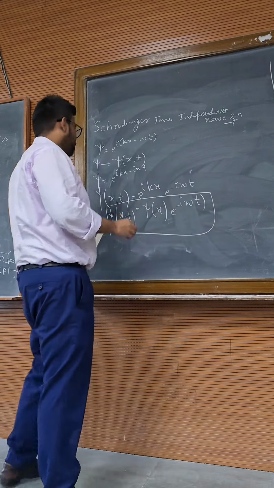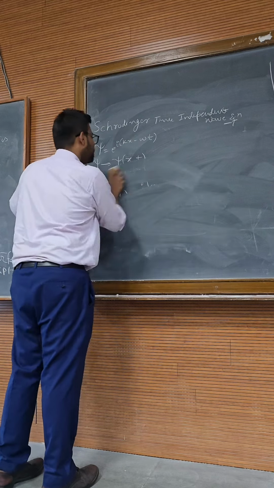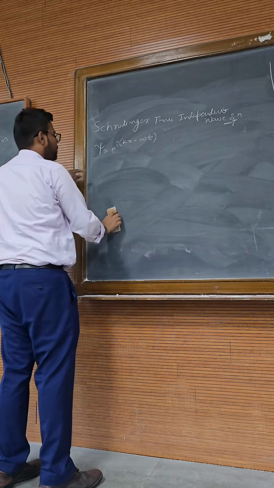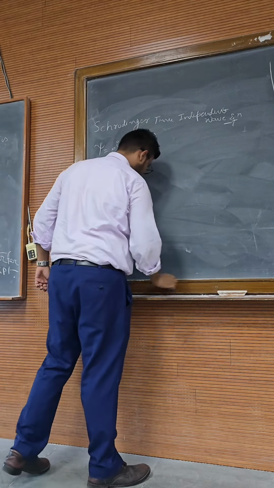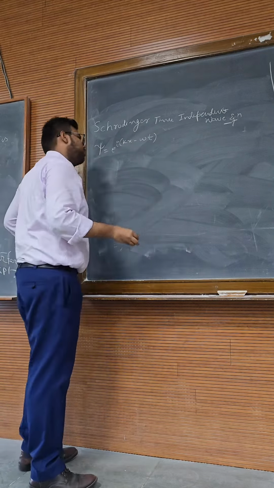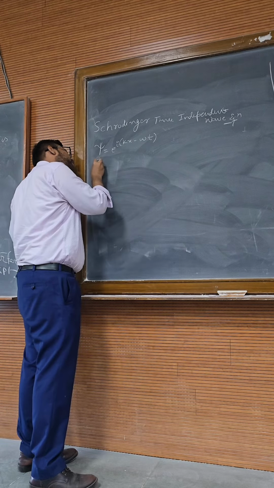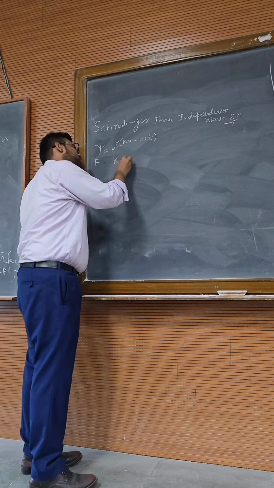So now let's come directly to the derivation part. Note that psi is psi of x comma t, so it is dependent upon two variables, space and time. So we know that psi is equal to this quantity. And we know that the total mechanical energy of a system is the sum of the kinetic plus the potential energy.